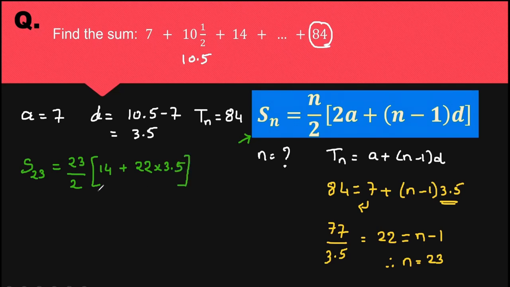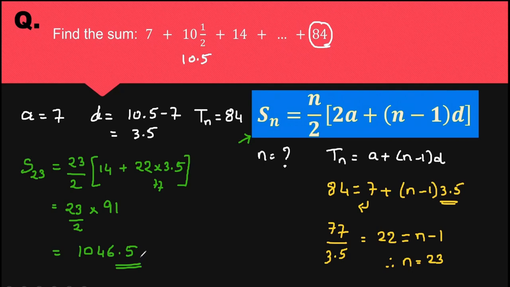And on calculating this, we get 23 by 2 multiplied by 91. 22 times 3.5 is 77, and plus 14, that is 91. Both numbers in the numerators are odd numbers, so we cannot reduce it by 2. So we multiply 23 by 91 and then divide by 2. We get the answer 1046.5.